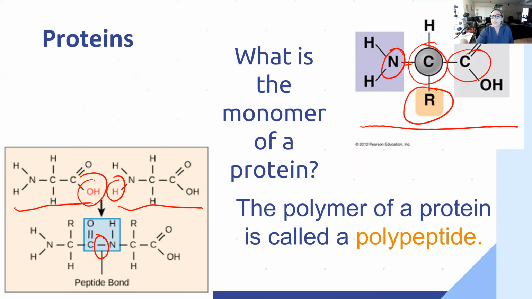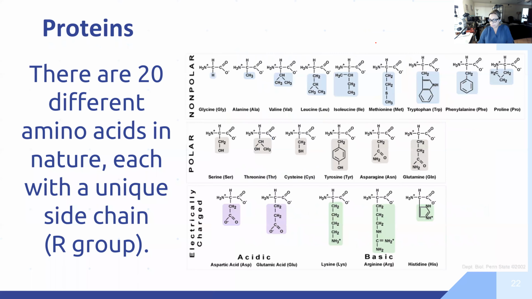So this structure here, the N with the two H's, the carbon in the middle, the carbon on the end, that is what we call the backbone of the amino acid. That is the same for every amino acid. You will always see that backbone, but the R group is different for each amino acid.